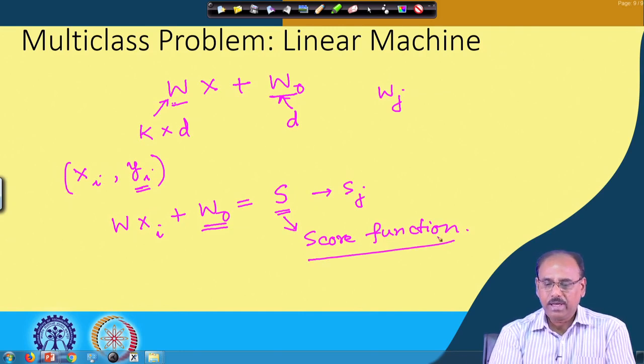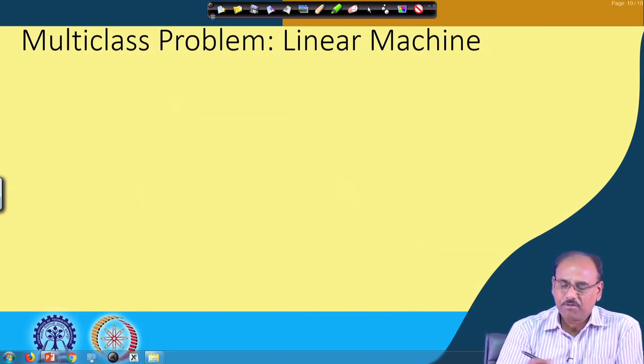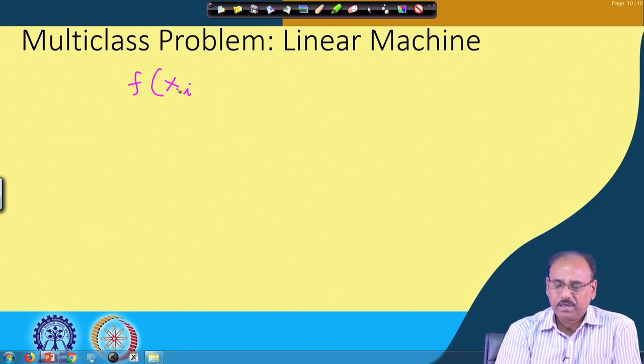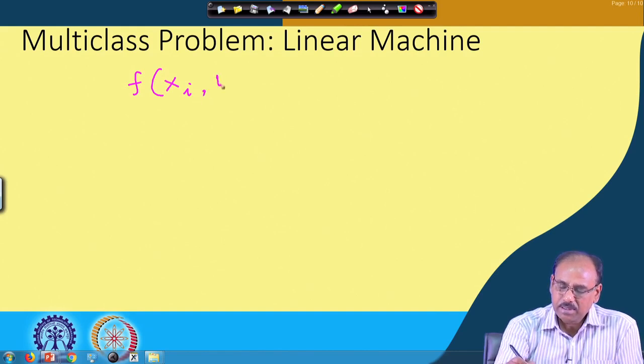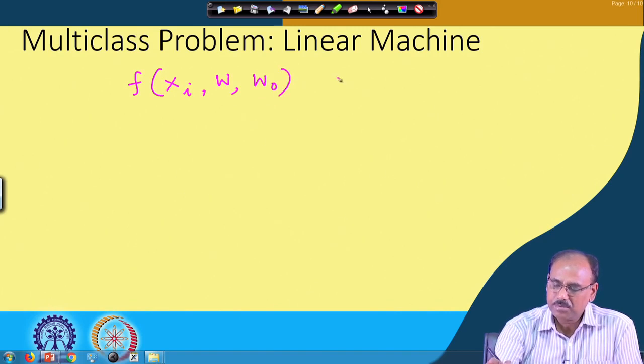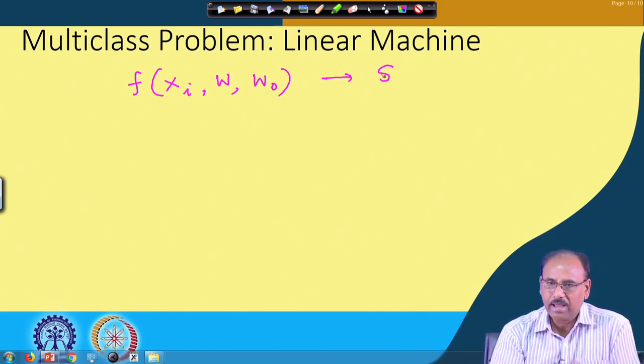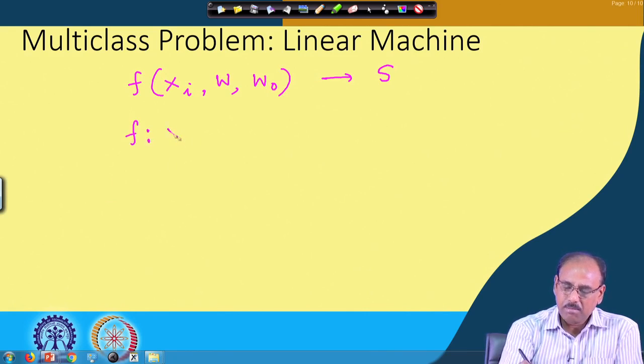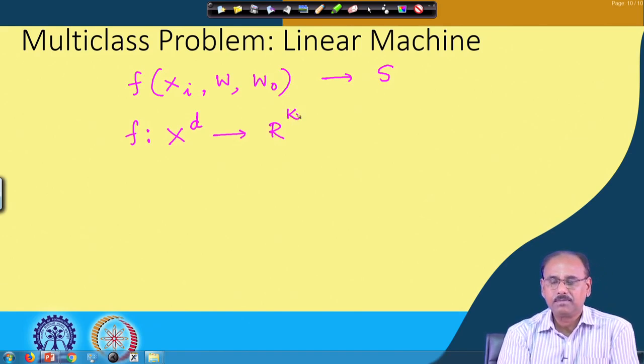So, what is this linear machine doing? The linear machine is nothing but a function f which operates on an input vector x i. The parameters of the linear machine are W and W naught, and this gives you a score function S, a k dimensional vector. So, this operation is a mapping which maps my d dimensional feature vector x i into a score which is of dimension k.